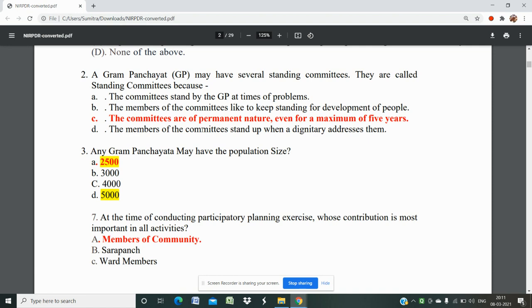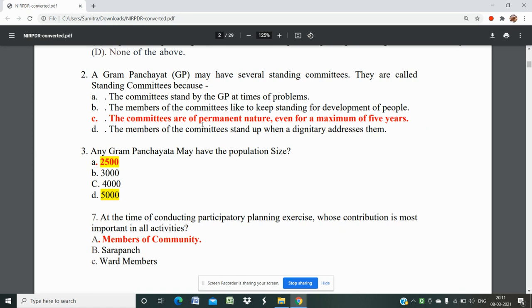If anyone has an arts or humanities background, or has political science as an optional or elective, they have the opportunity to study all these things. If you don't have it, just buy a book called Indian Polity by M. Laxmikanth. It will be the Bible for all these things.